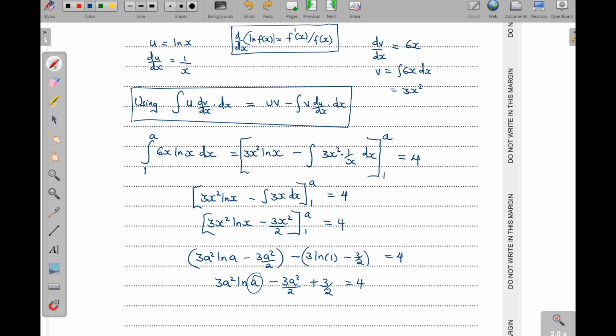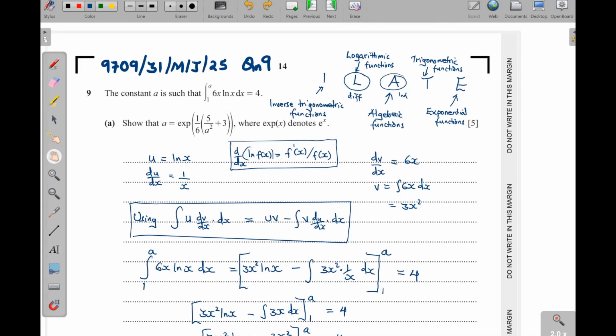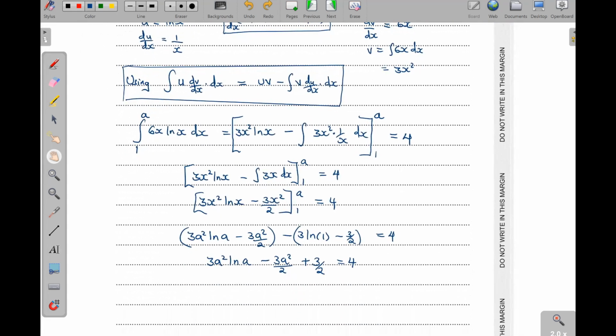Since here we can see that a is still expressed in terms of a, you cannot solve such equations using the usual algebraic methods. So you can solve them using numerical methods. So this question is coming from numerical methods. But since we are having e power something, that means it is this a which was made the subject, because to undo the natural log, we use exponential functions.